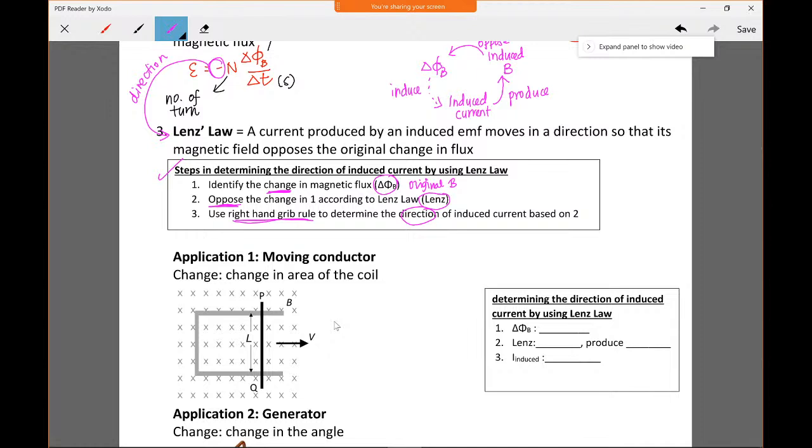Look at our first application, a moving conductor. For a moving conductor, your induced emf can be found from this equation, V = B L v cos theta. B is the magnetic field.